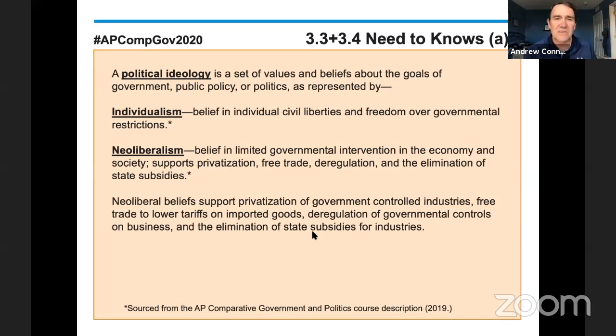And many times, I think the way you can do that is with an example. So that's tailor-made in the course description today, because you're supposed to know that a political ideology is a set of values and beliefs about the goals of government. A shorter way to understand this is a political ideology is a set of beliefs about what you think the government should do, what policies the government should enact.